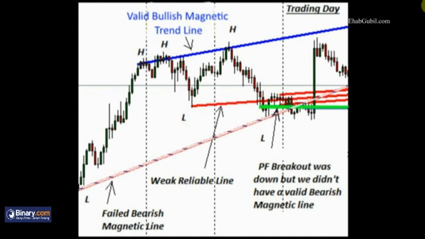As in this example, we have a magnetic PF with a weak reliable line, the direction of the magnetic PF breakout was down, but we did not find a valid bearish magnetic trend line, but we found a valid bullish one, so we could place a long trade.